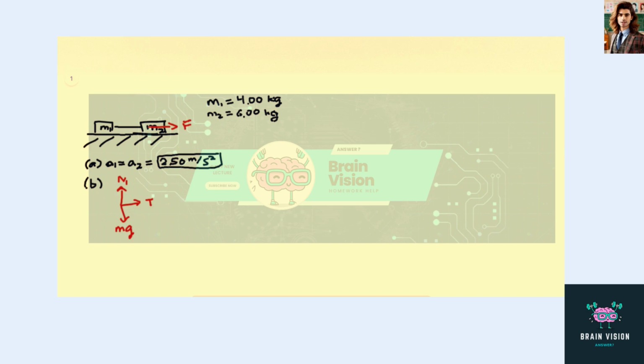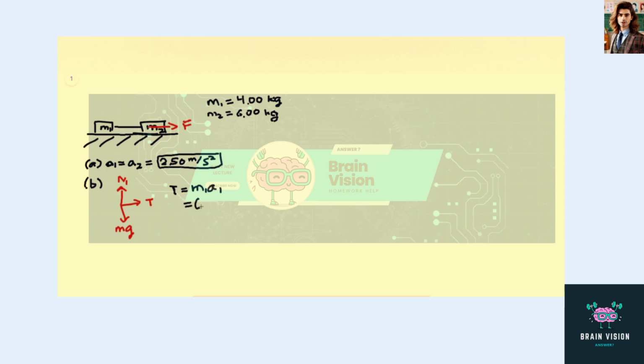Now we want to know what the force of tension is in part B. And that is going to be equal to applying Newton's second law in the horizontal or x direction. It's going to be equal to its mass multiplied by its acceleration.